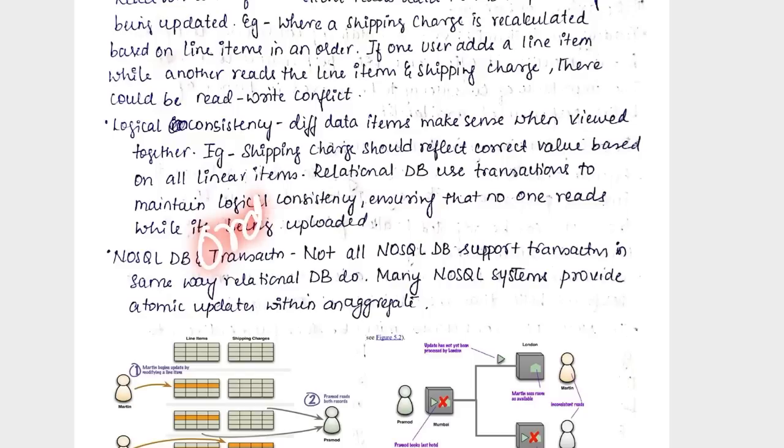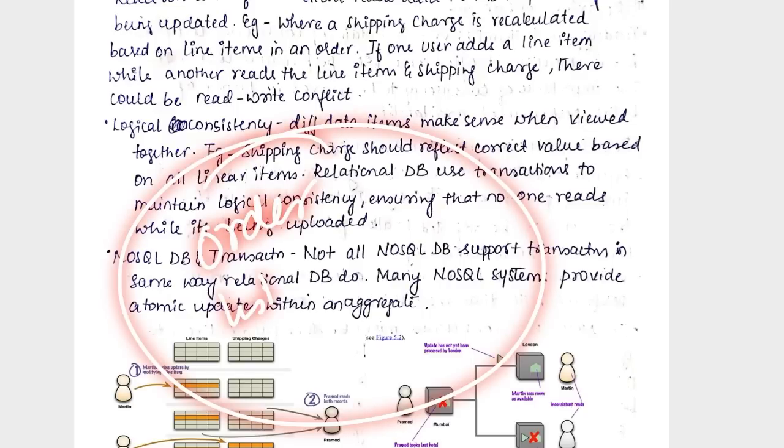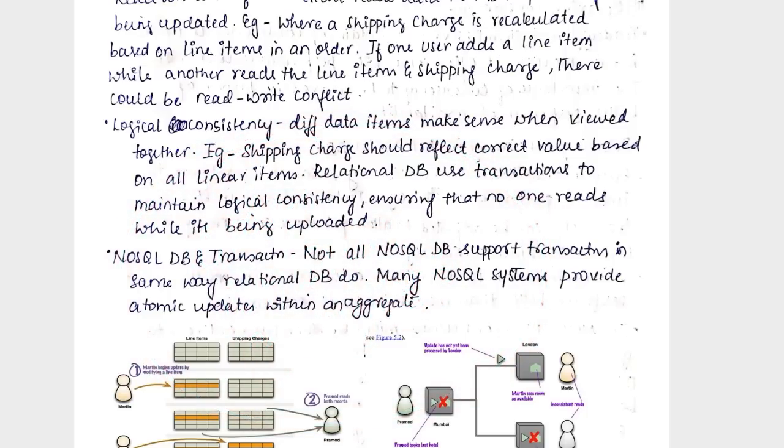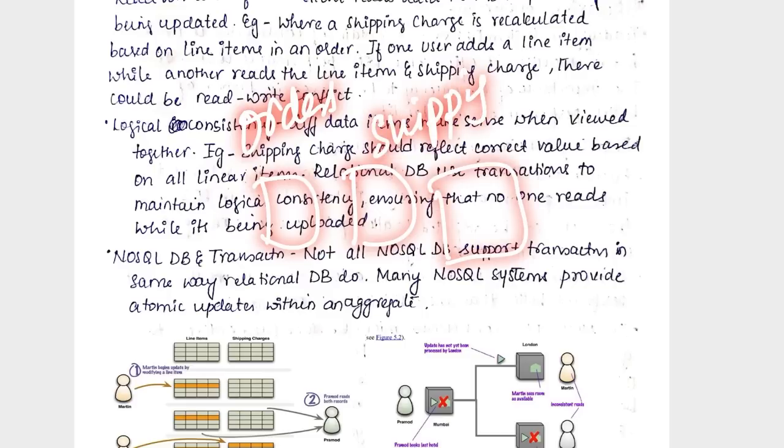For example, under the order entity, all the line items and shipping charge could be maintained, but not across multiple entities. Multiple entities could be the orders, or shipping, or any other thing like personal details and all of that. Right?